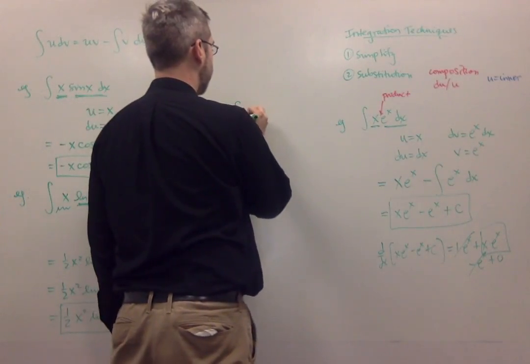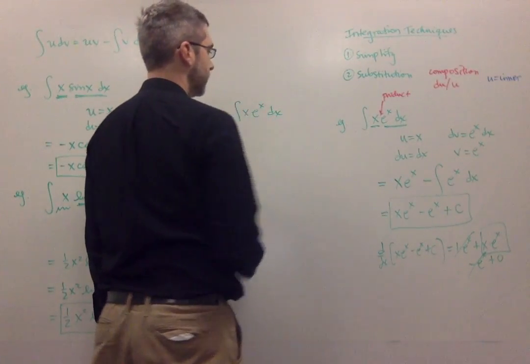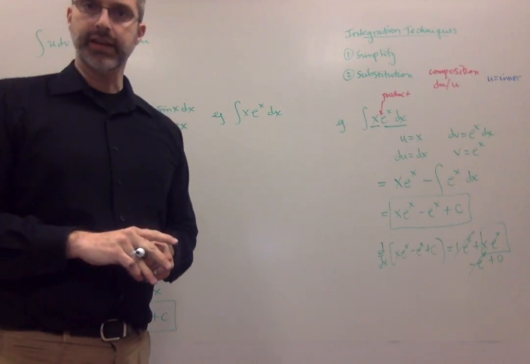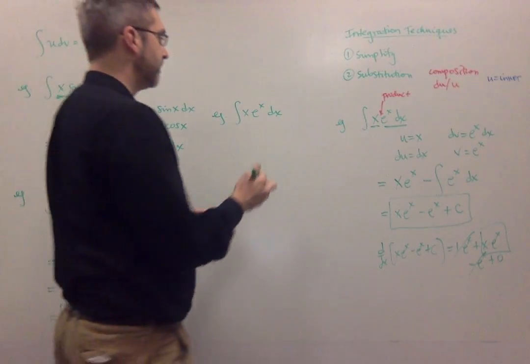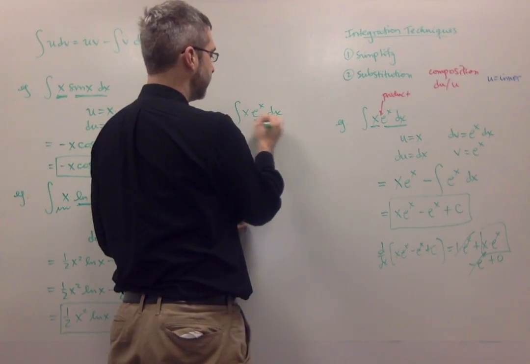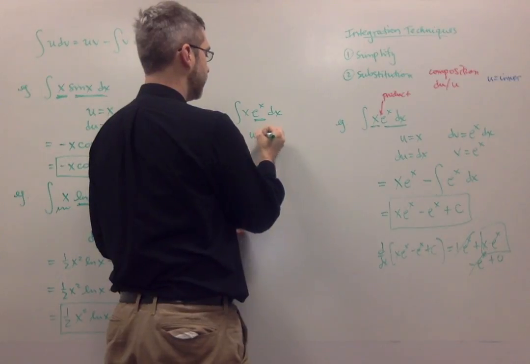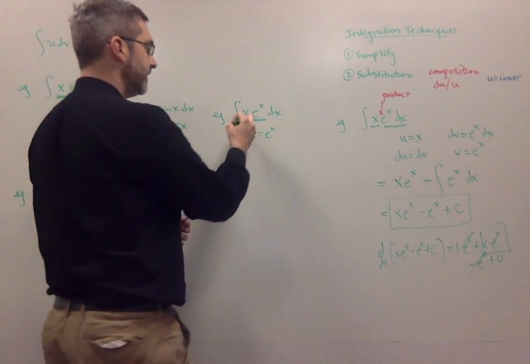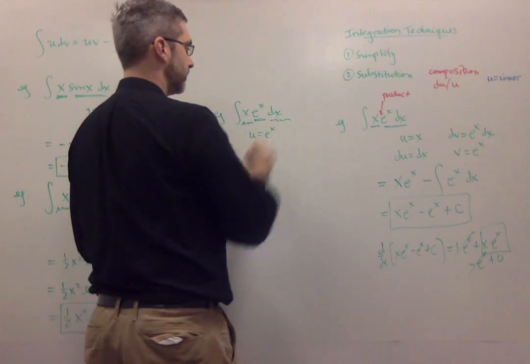So let's take x e to the x dx, and let's pick the u and dv differently, and let's see what happens. Okay, instead of x being the u, let's let the e to the x be the u. So let's let u equal e to the x, and then the dv is going to be the rest of this.